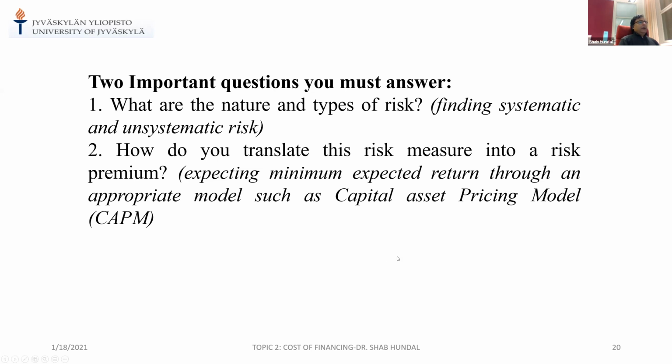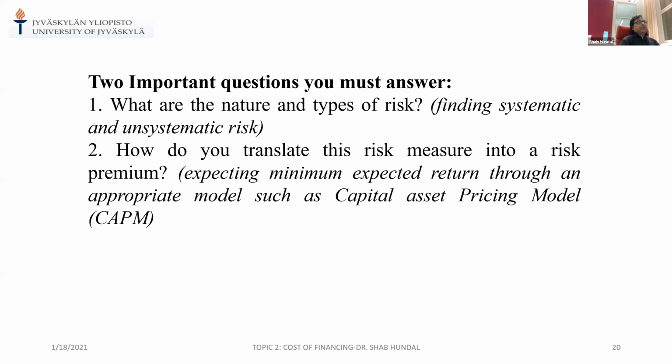Okay, then these two questions are, what are the nature and types of risk which these investors encounter? In other words, the question refers to ascertaining the systematic risk and the unsystematic risk. And the second question is, how do investors translate these risk measures into the risk premium?